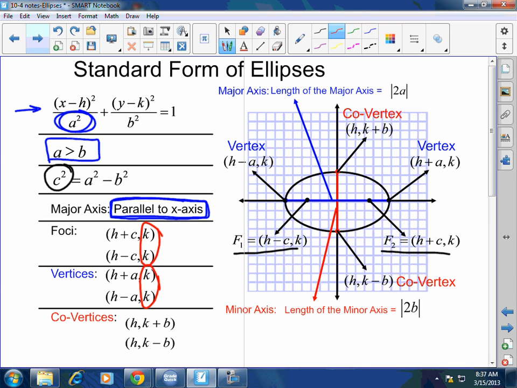When the k's are the same in an ellipse's foci and vertex, your major axis is the x-axis. You with me? Okay.